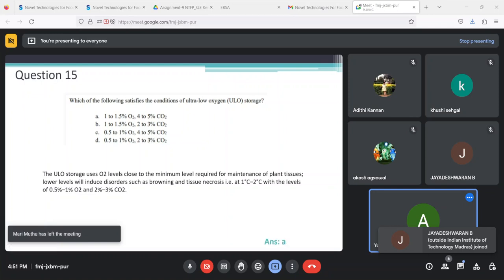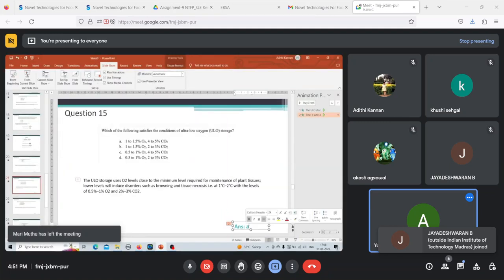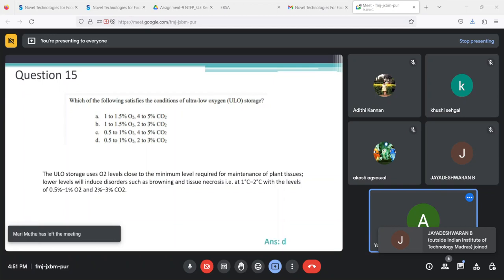If you go beyond this range, it will lead to browning, necrosis, as well as anaerobic fermentation. So the answer is option D here, sorry. Hope it is clear what happens when the oxygen level drops drastically.